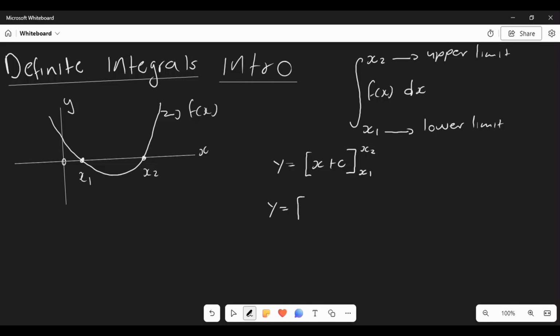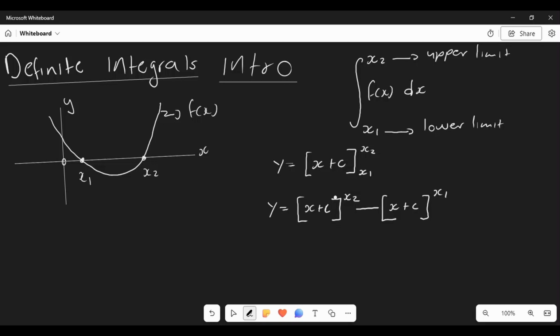The first bracket is going to be the integral of your function, but with the upper limit, which is x2. And then the second bracket, which is going to be subtracted, is your integral but with the lower limit, which is x1.